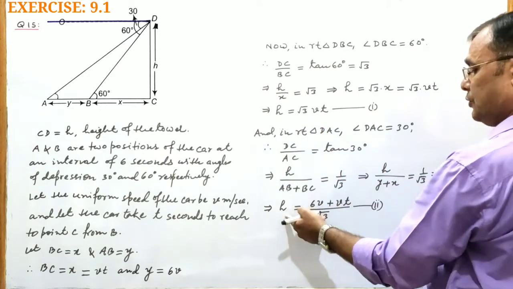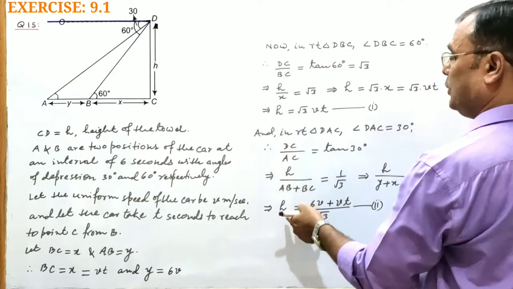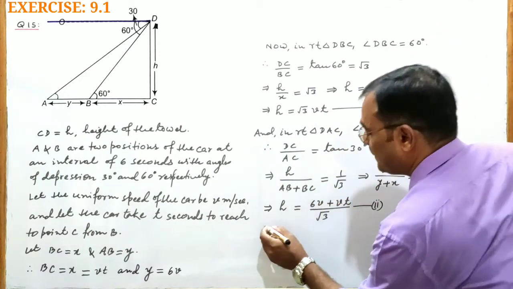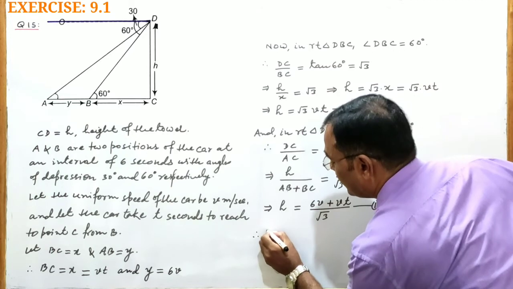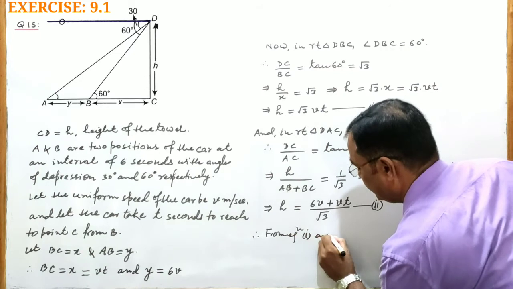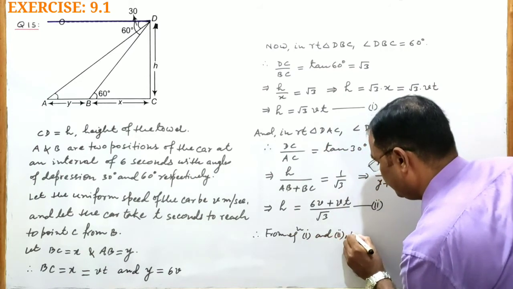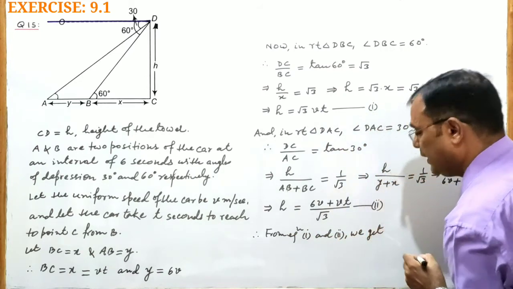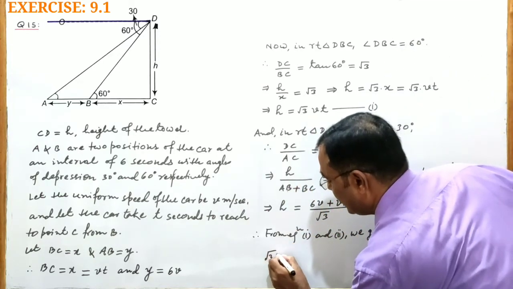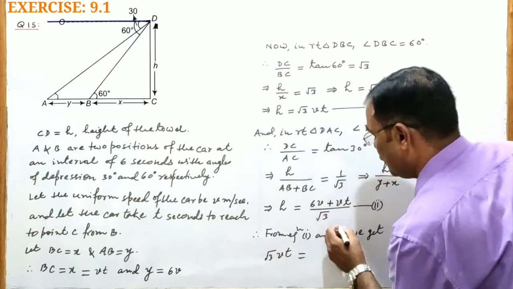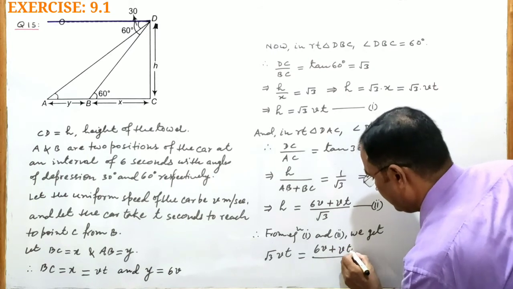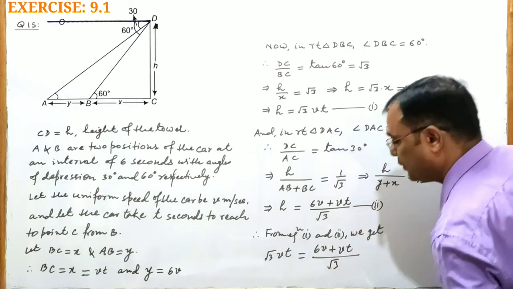Now from 1 and 2, if you equate the expression of height h of the tower from equation 1 and 2, we get root 3 into Vt is equal to 6v plus Vt by root 3.